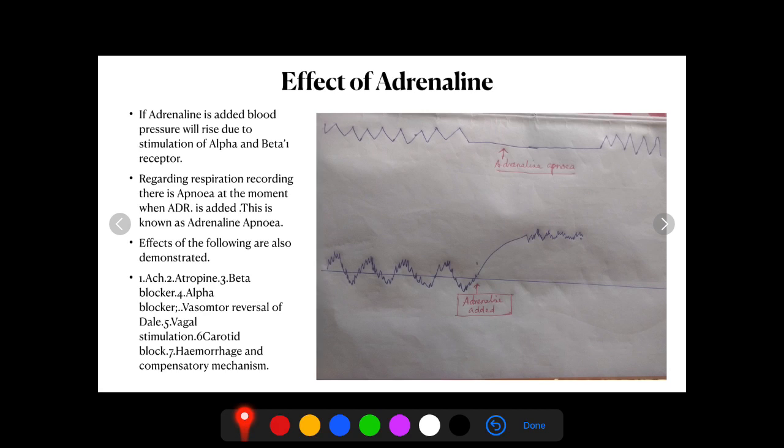One is the baroreceptor mechanism, the other is sympathetic stimulation, next is the renin-angiotensin-aldosterone mechanism, and there is mobilization of blood from the depots, like the spleen and some other organs, and there is a change of the permeability of the vessel, leading to the shift of fluid from the extravascular to the intravascular compartment. So this will help to regain the blood pressure.